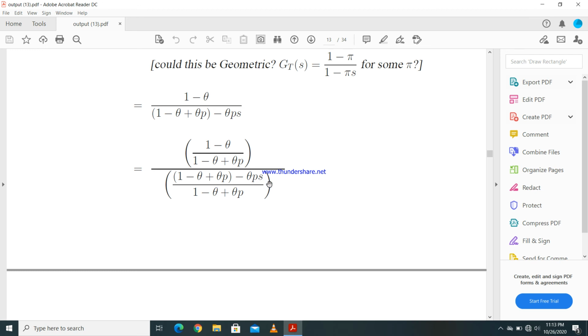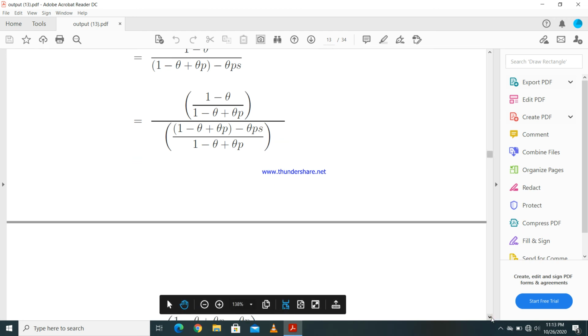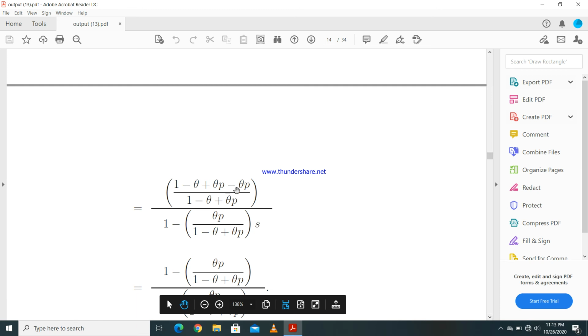Then again you have theta ps divided by 1 minus theta plus theta p. But in the numerator you can't divide like this. So we can add theta p and subtract theta p. Then this term you can divide by 1 minus theta plus theta p, that is 1. Then again you have 1 minus theta p divided by 1 minus theta plus theta p.